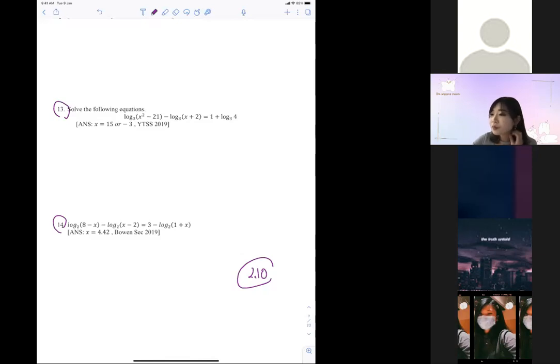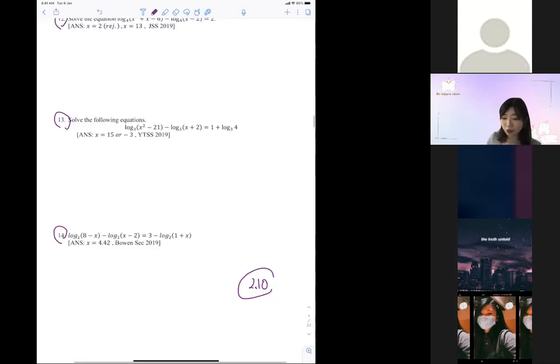Next one. Only EY sent me, so the rest can do 12 to 14.